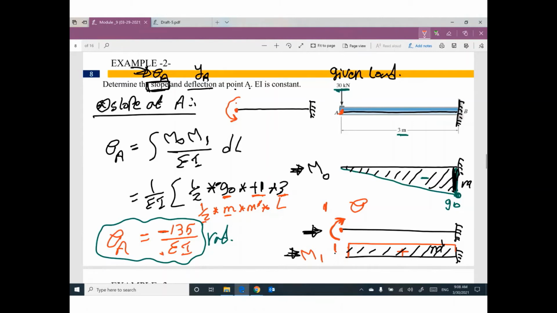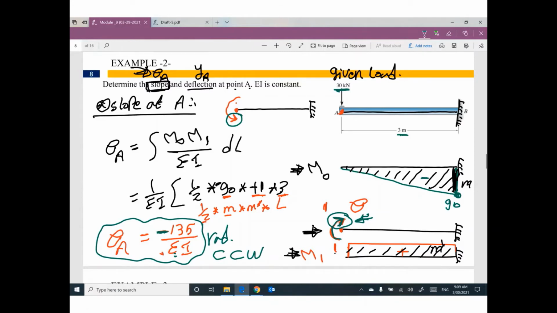And based on your assumption, like this or like this, you have to wait for your value. If your value is negative, you assumed the wrong direction. Nothing will be changed. But I assumed it clockwise. This direction is wrong. This rotation is counterclockwise.